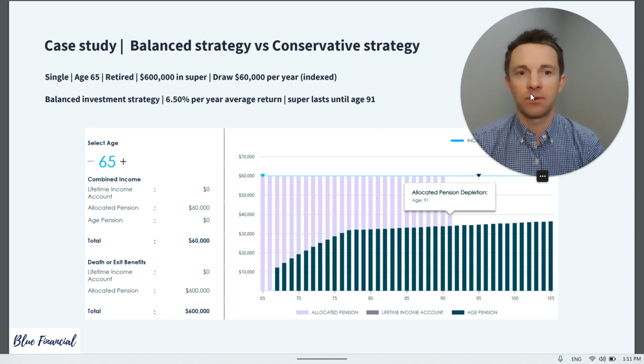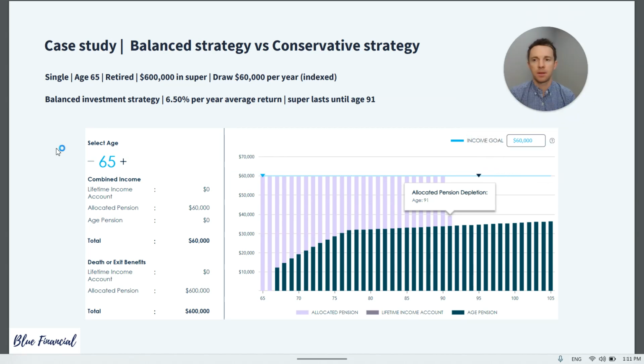Now we've got some case studies for you. The purpose of this is to give you an idea of how your money can be impacted, how it can run out quicker just by choosing a different investment strategy. So we've got the same person, but choosing a different investment strategy over these 2 different case studies.